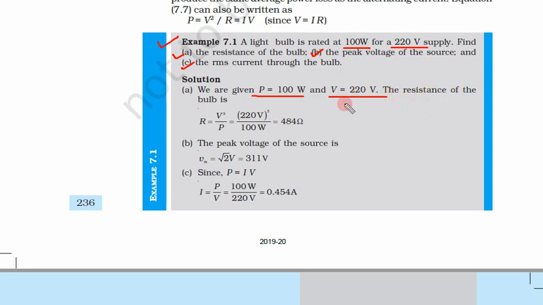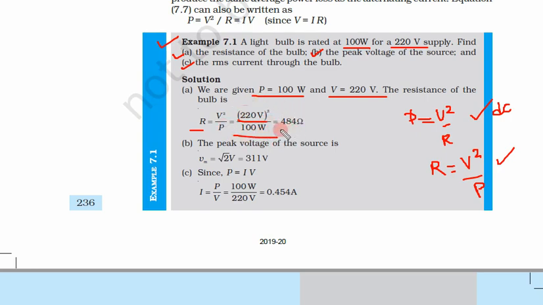Now let us calculate the resistance. The formula is P is equal to V square upon R. From this formula we get R is equal to V square upon P. See, again this is the formula for DC current, and we can use the same formula if we use RMS values. So this 220 volt is the RMS value. So R is equal to V square upon P, with V equal to 220 volt, squared, divided by 100.